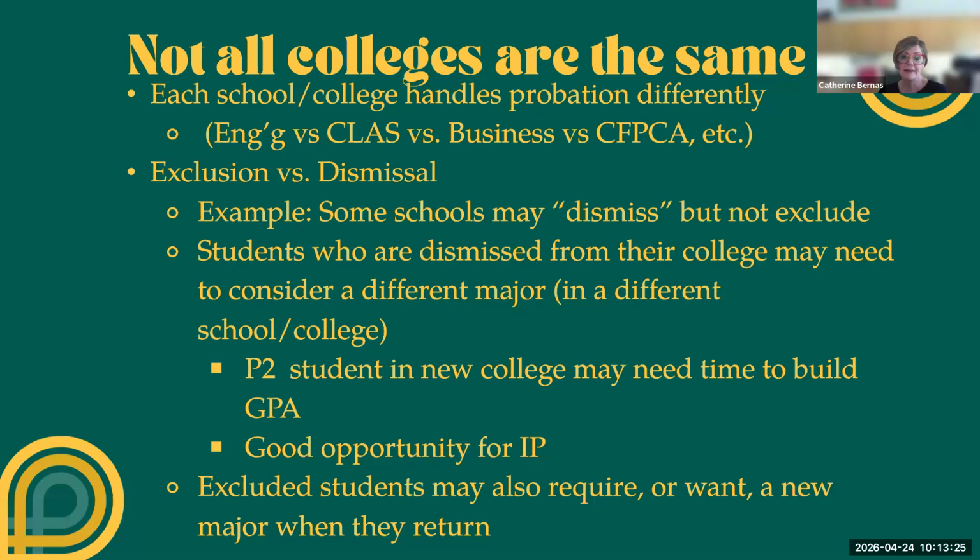A lot of that's going to depend on that student being willing to follow the advice of our probation team and make sure that they are repeating the classes we want them to repeat and taking some new classes and doing all the things to make sure that they're getting off to a good start with their new major.